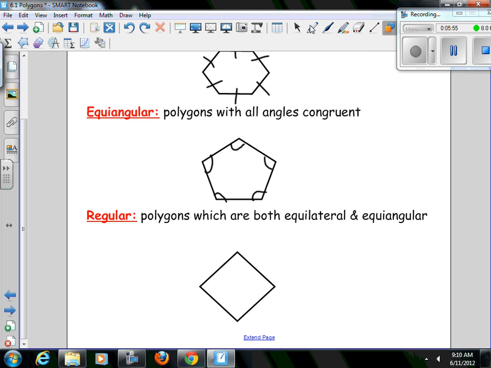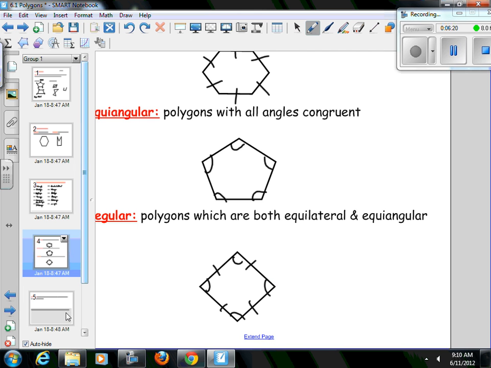Here is a figure where all of the sides are congruent and all of the angles are congruent. So we would say this figure is regular. It's equilateral and equiangular. Let's go to the very next page.